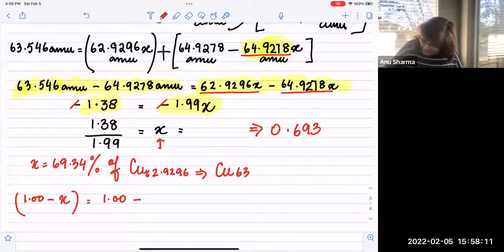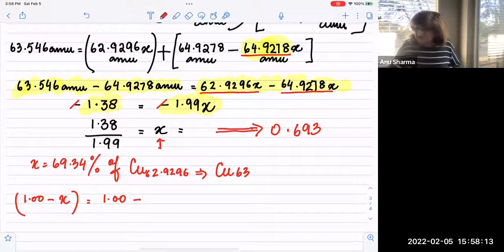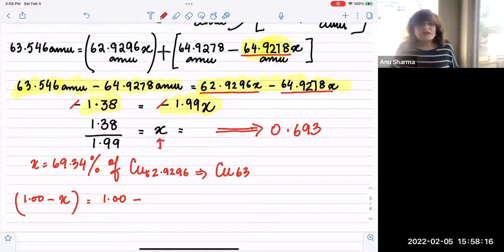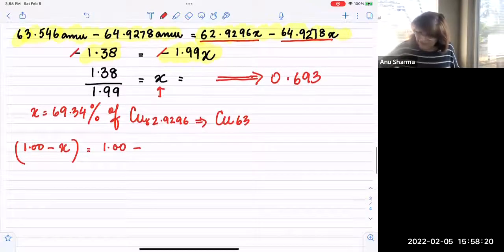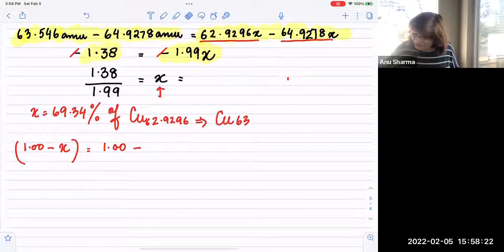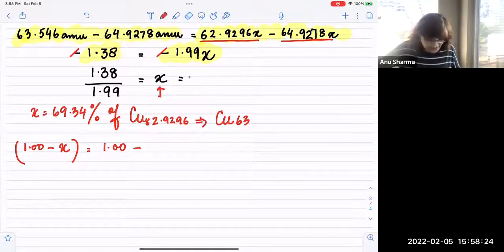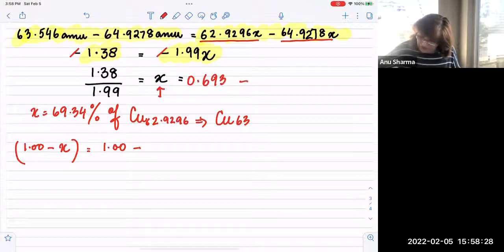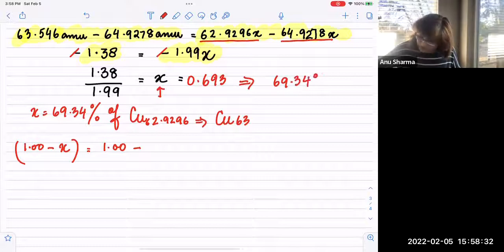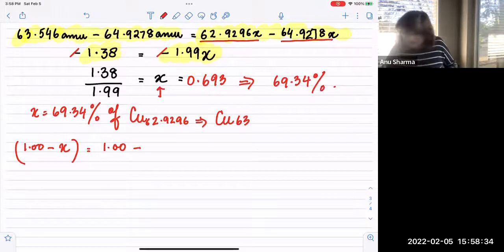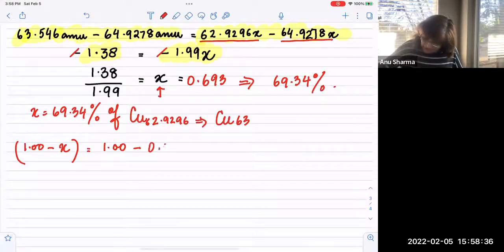So the value of X comes out to be 0.693. You know, that's the thing. During the daytime, there's a lot of distractions, so I'm sorry for this. But we got to do what we got to do. Okay, so this equals 69.34 percent actually.